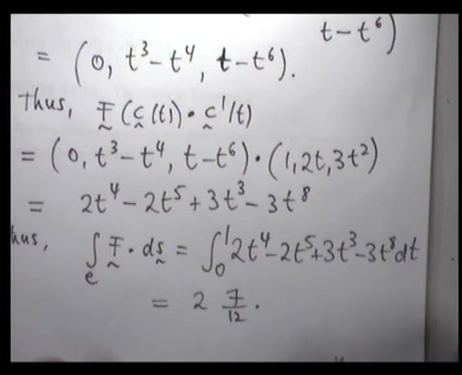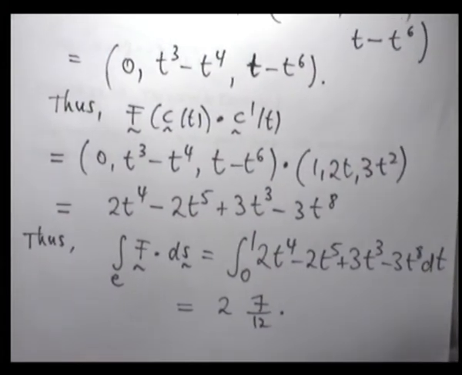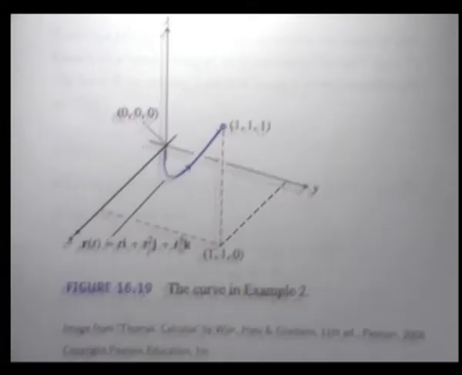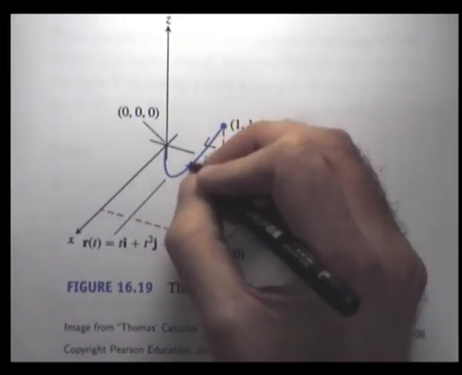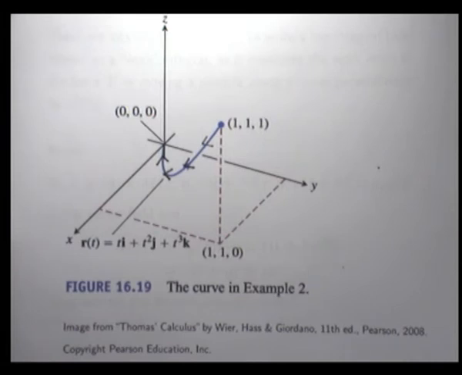Now, here's a question for you. What would happen if, what do you think anyway, if I reversed the orientation? So I performed the same line integral, but the orientation of my curve, curly C, was reversed.